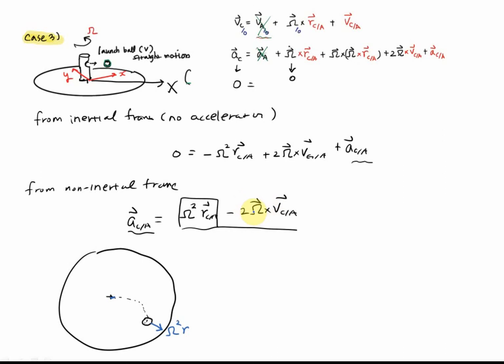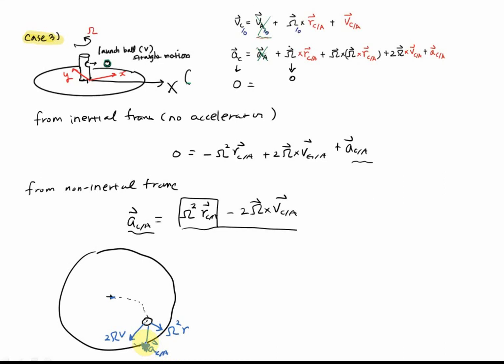And then this is omega cross product velocity V. That direction is this way, okay? This is 2 omega and V. So the total acceleration is this one. This is A_CA. So that's why the ball changes its direction to this direction.